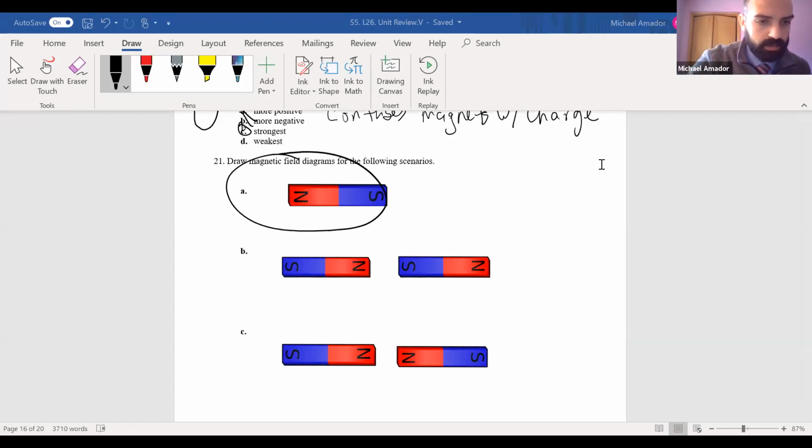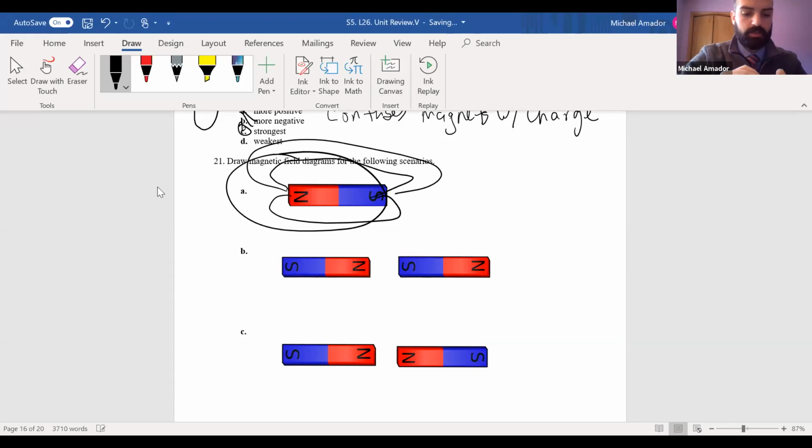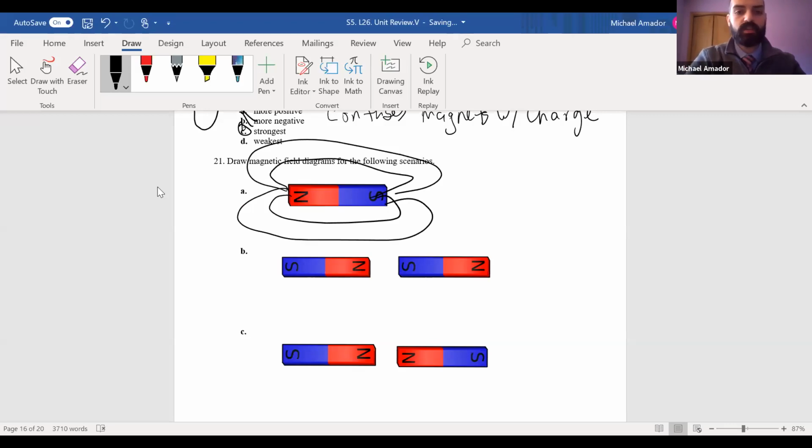Yes, go ahead, Jessica. All right. You may have already done, let's see. I probably should erase this circle there. So the magnetic field lines go from the north pole to the south pole.